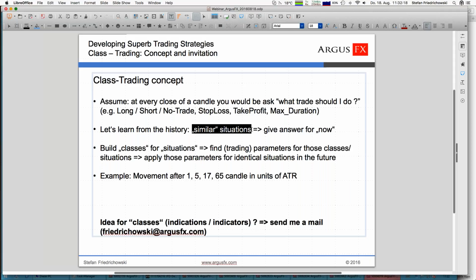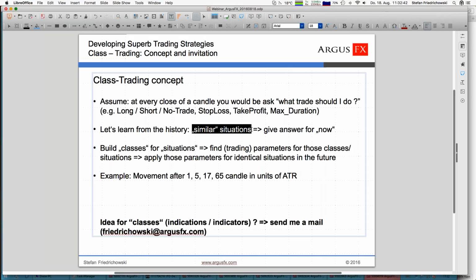But if you do it a little bit more general, we can do much more than those candlestick formations. What we need is, let's say, an indicator or a number or something which gives us those similar situations.